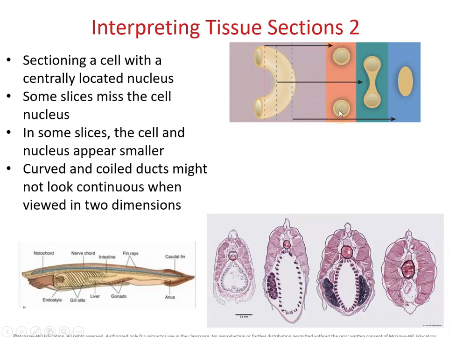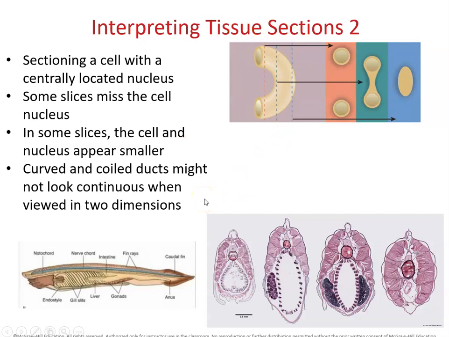I would have no idea that those hollow circles were ever connected. If I were to slice where this green is, it appears I have a bowl shape and a bowl shape that are connected. And if I were to slice where this blue line is, I would just see an oval-shaped bowl. Now, putting all 3 of these together, I might be able to interpret that they came from a macaroni.